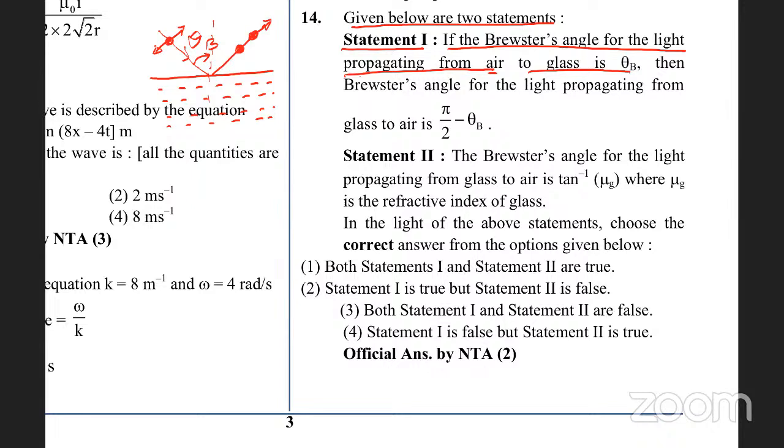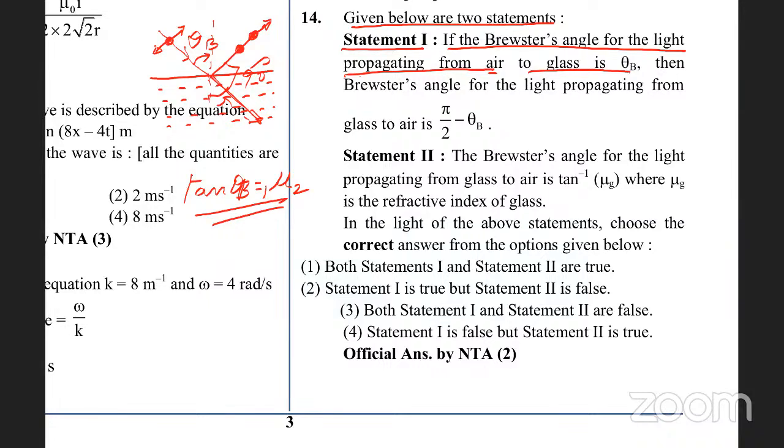And at this Brewster's angle, the refracted light and reflected light are at 90 degrees. And tan of theta b is also equal to the refractive index of the second medium with respect to the first medium. So based on this knowledge, this question is asked.